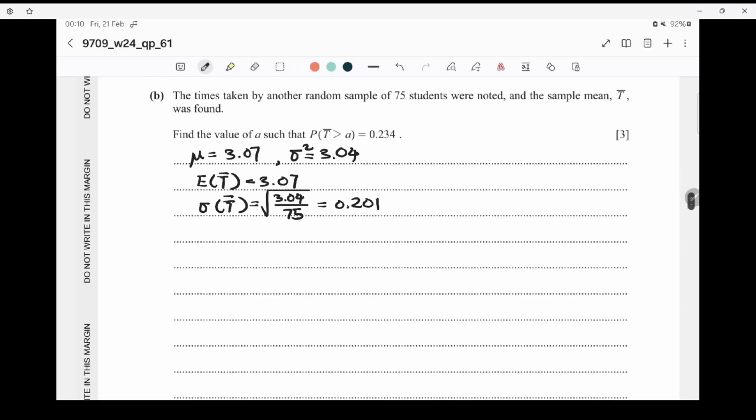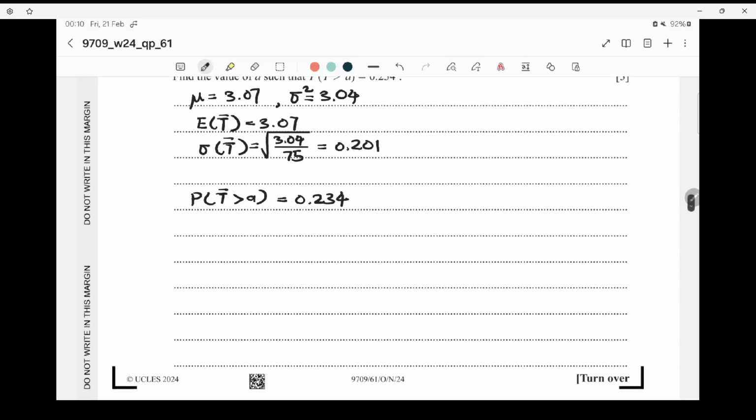So you need to find P(t bar greater than A) equals 0.234. You first find the corresponding Z score. So this is the same as, for example, this particular probability, and you need to convert it.